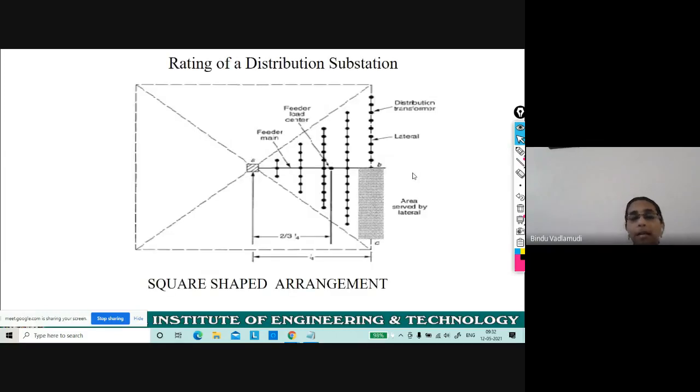Square shaped arrangement. Please, all of you copy this diagram.